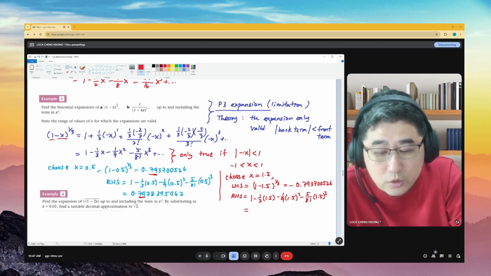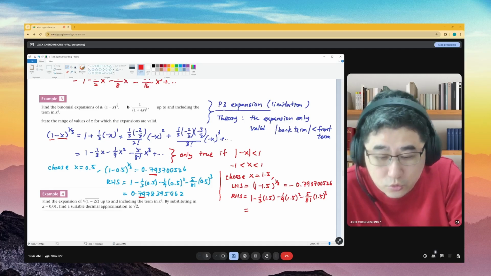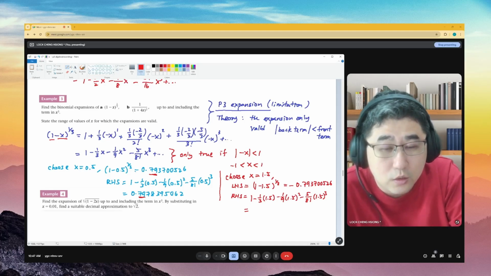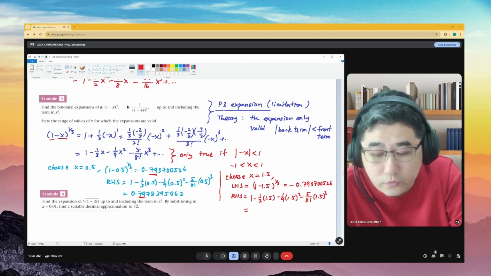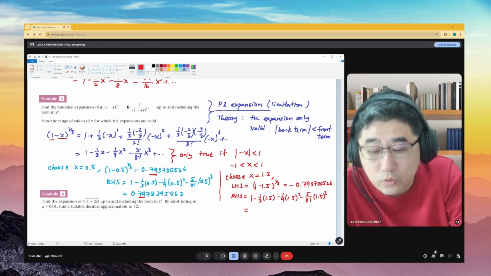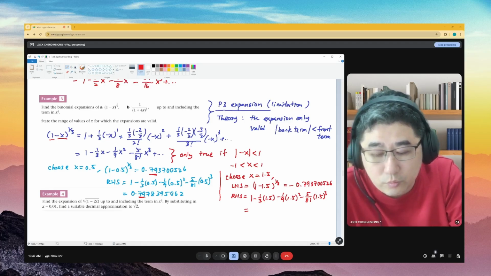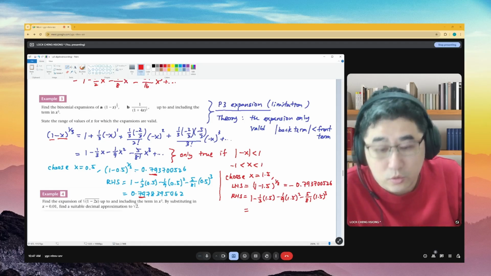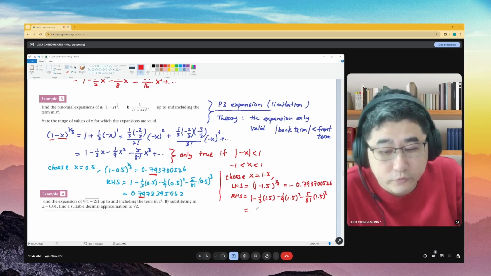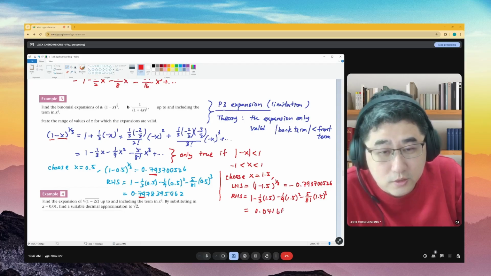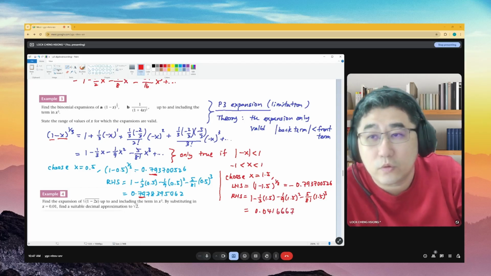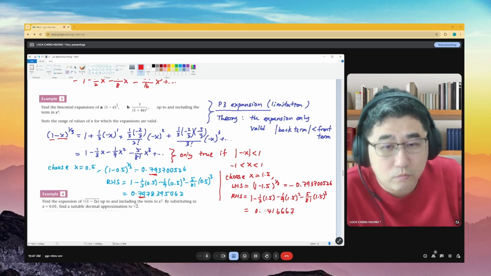So 1 minus x over 3, minus x squared over 9, minus 5x cubed over 81, calculate with 1.5. It gives me a positive number, 0.04166667.